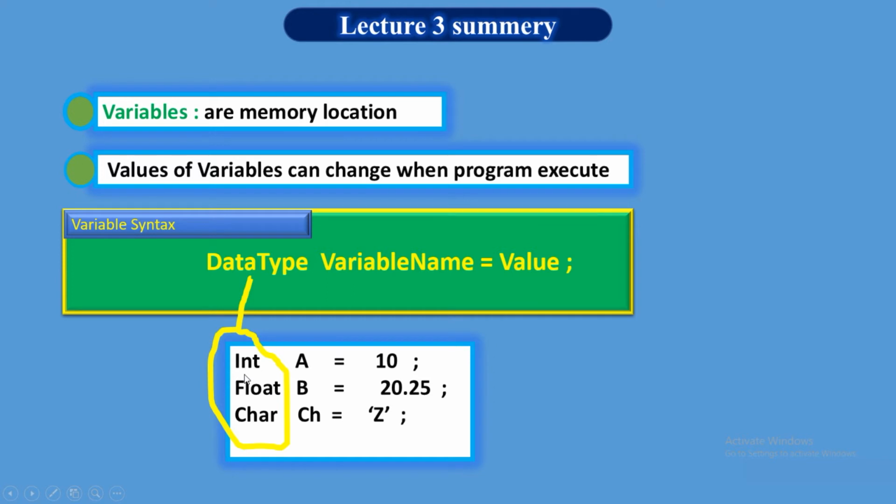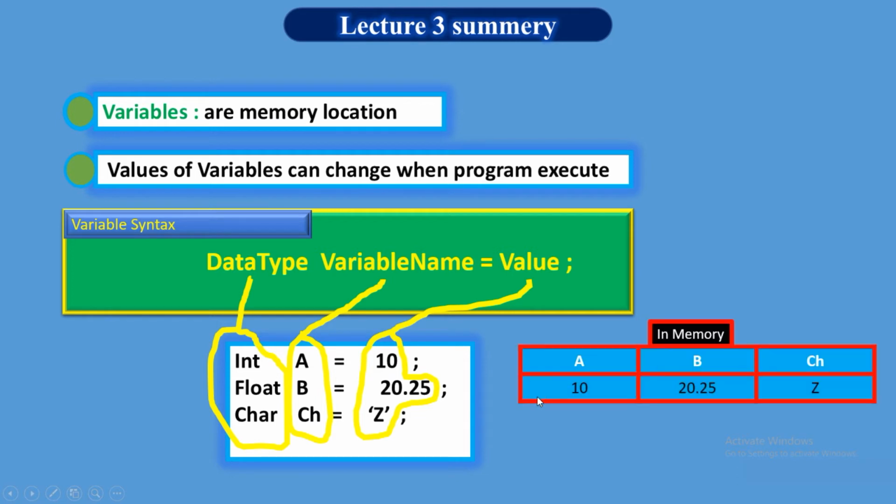Here int, float, char are data types; a, b, ch are variable names; 10, 20.25 and z are values of variables. In memory we have a, b and ch with their values.